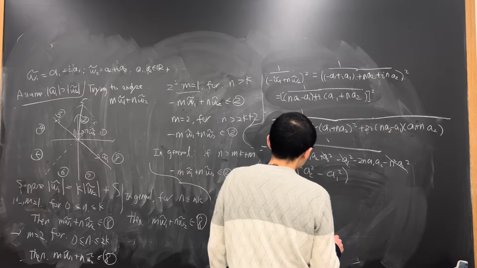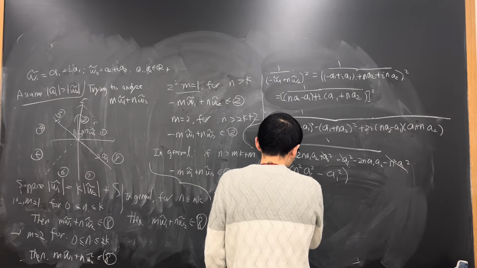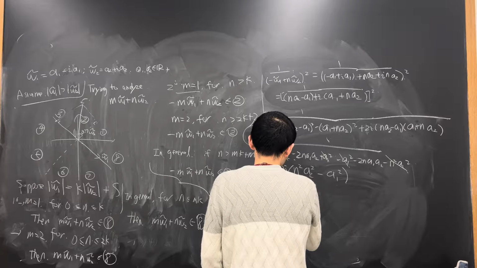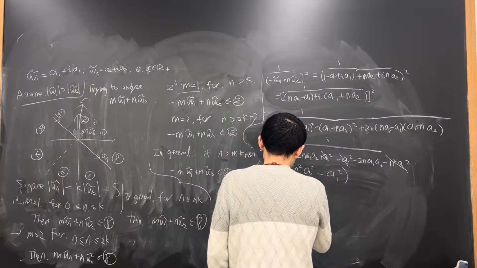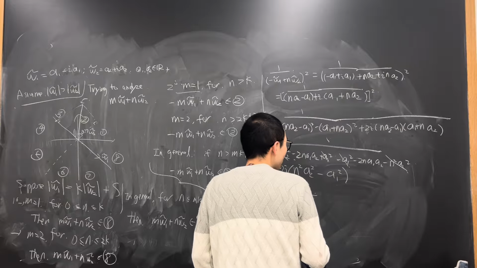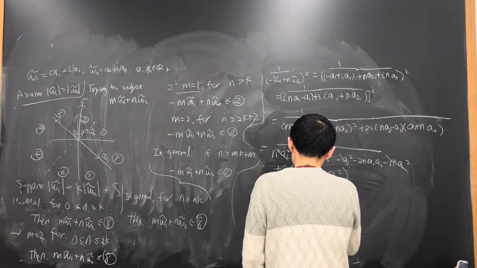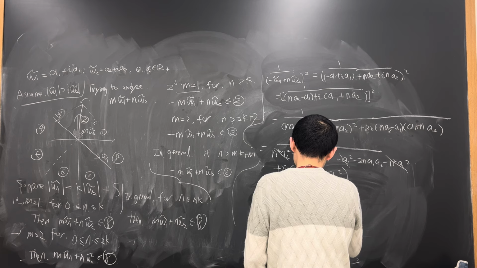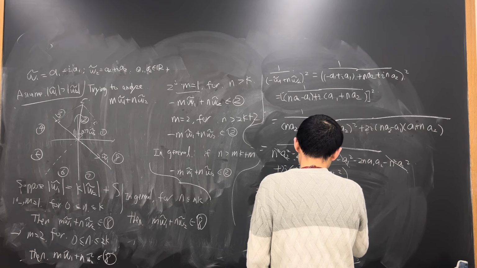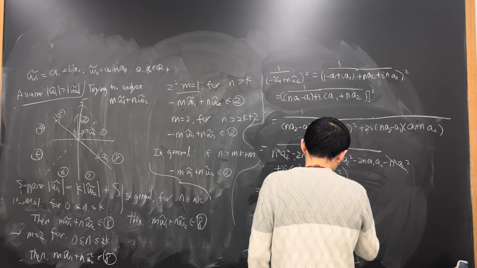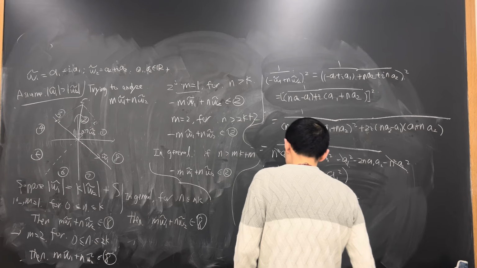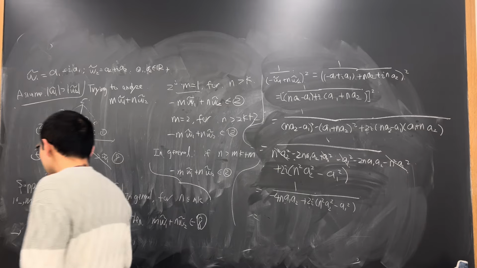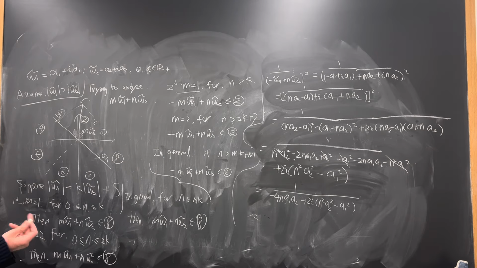So this is equal to exactly 1 over, let's say, negative 4n A1 A2 plus 2I times n squared A2 squared minus A1 squared. Because eventually I want to do some calculation by adding and subtracting, this is not looking good to me.